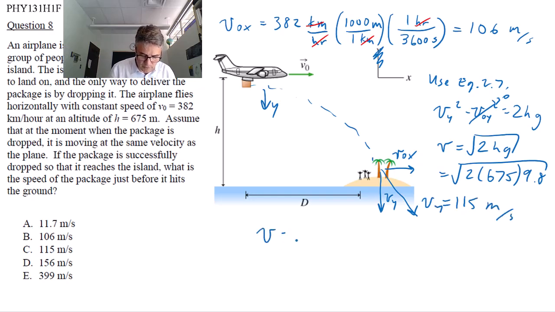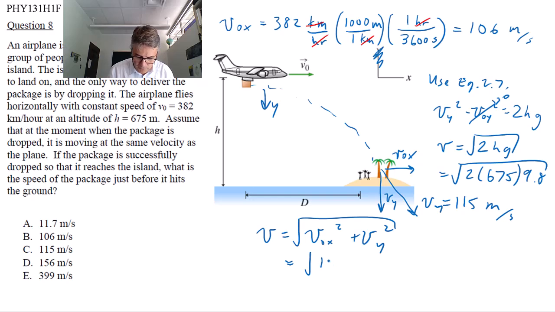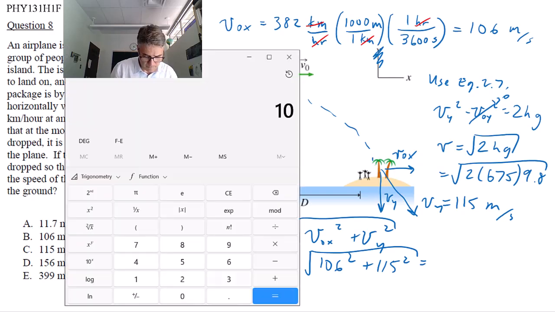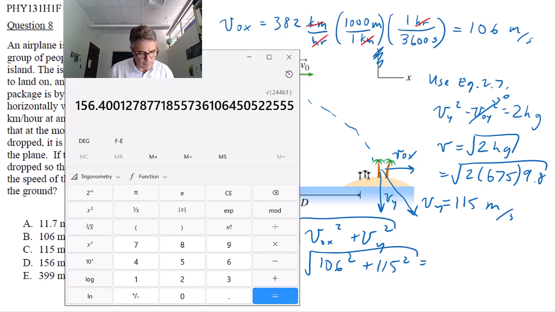So v is going to be, by Pythagoras, the square root of vx squared plus vy squared. So it's going to be the square root of 106 squared plus 115 squared, which equals 156.